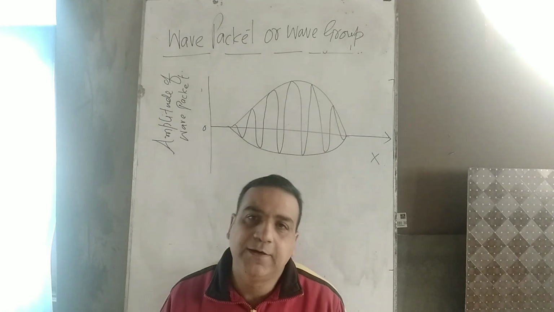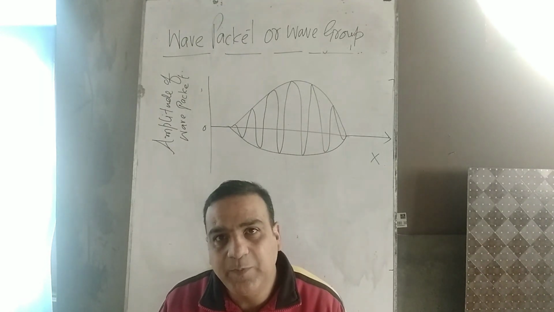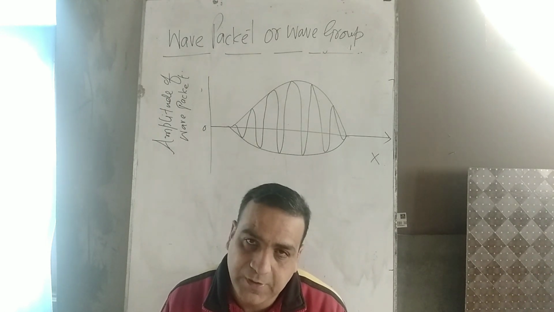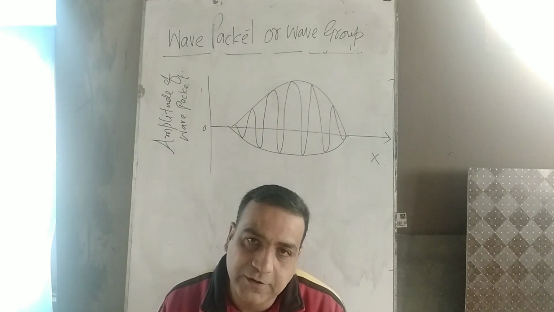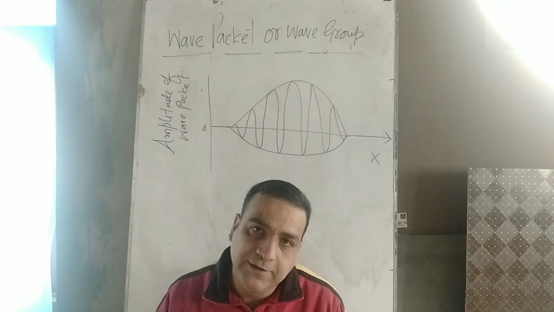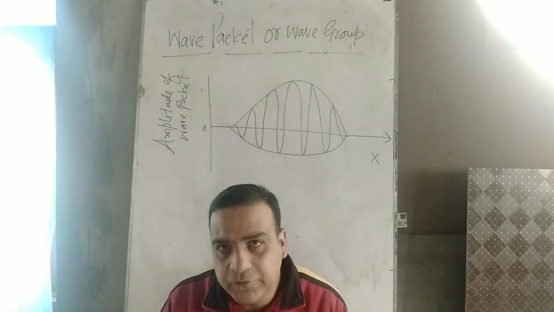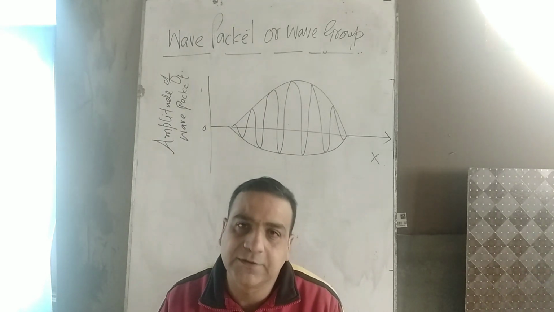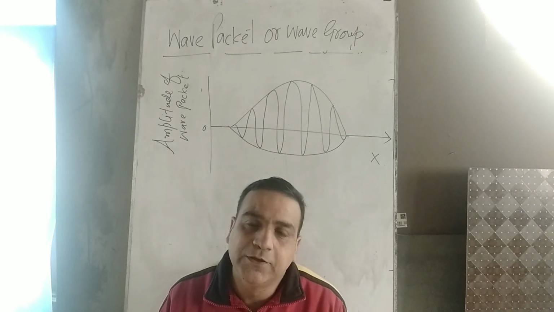So what Schrödinger postulated is that a material particle is associated with a group of waves, and the waves that are making the group have slightly different velocities, slightly different wavelengths, and slightly different frequencies.